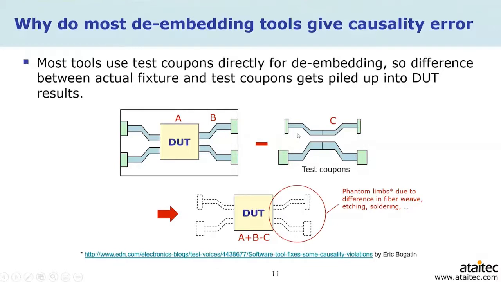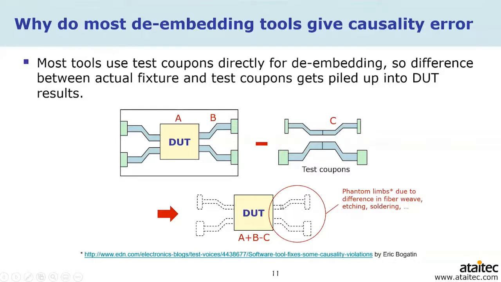The process was that you derive all the necessary parameters from this separate test coupon and then apply it directly to do the de-embedding, assuming the fixture B here is identical to the test coupon C. When there's a difference, all that error remains, and that error shows up before the DUT and also after the DUT. In the S parameter frequency domain, obviously it's hard to tell, but if you launch a waveform in the time domain, you are certainly going to hit this causality error first before the DUT, and also you are going to see this causality error after the DUT.